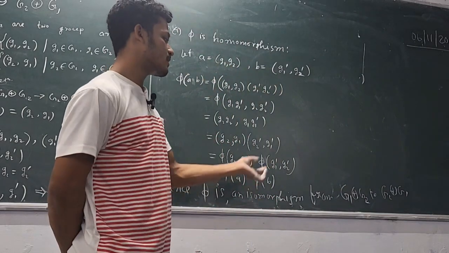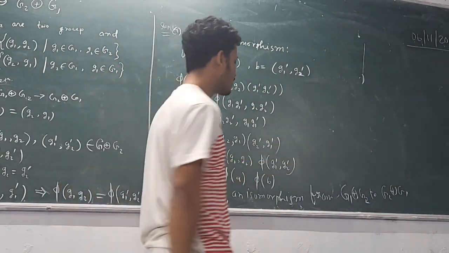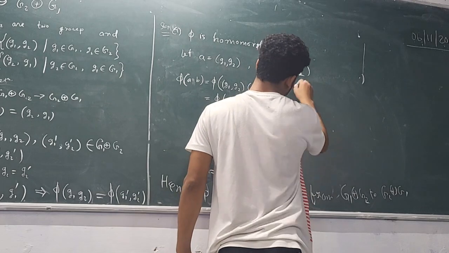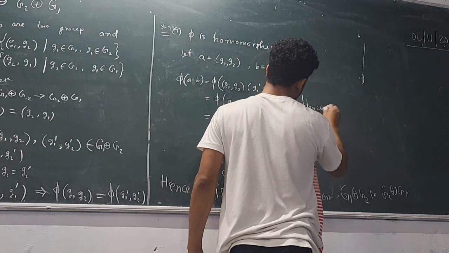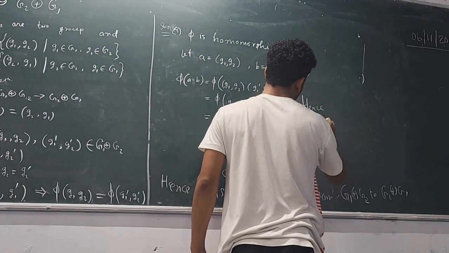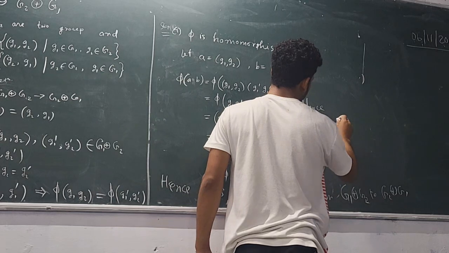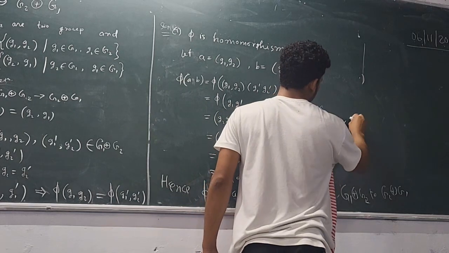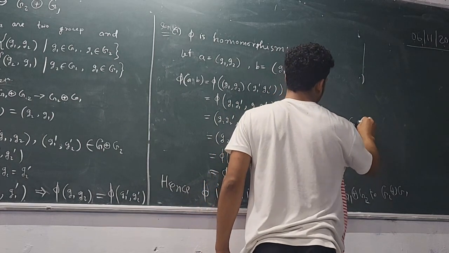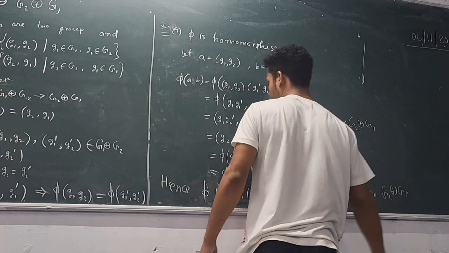Hence G1 external direct product G2 is isomorphic to G2 external direct product G1.